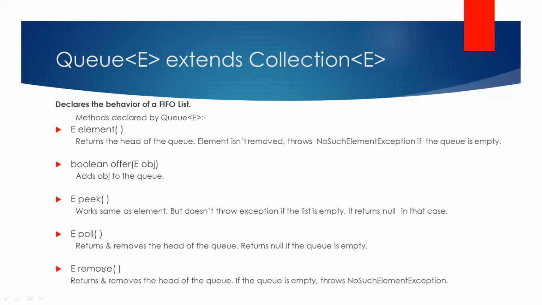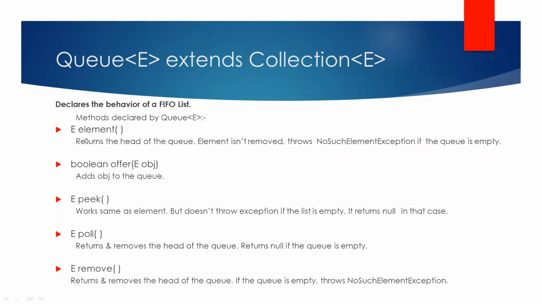Remove, you can use this method to remove any element. It returns and removes the head of the queue. And what happens if your queue is empty? In this case, it will throw no such element exception.